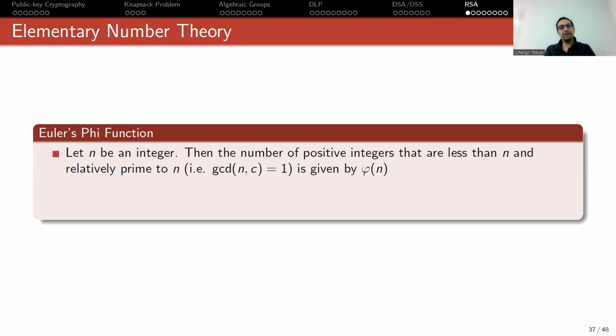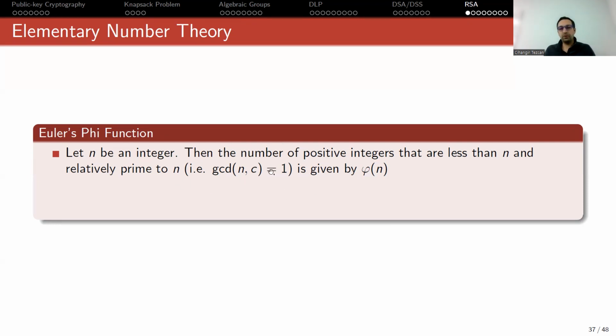So before explaining RSA, and I'm going to explain its basic version on a single slide, let's see some elementary number theory to see why this works, okay? So let n be an integer, then the number of positive integers that are less than n and relatively prime to n, in other words, greatest common divisor of n and c for any number that is less than n should be 1.